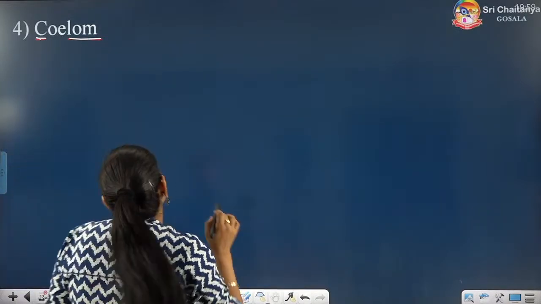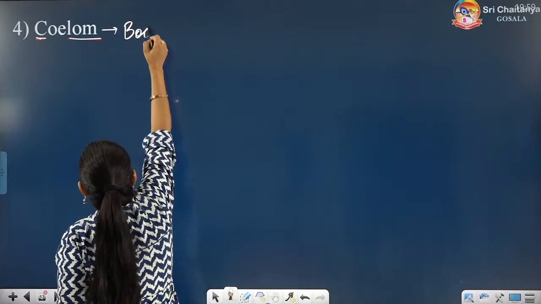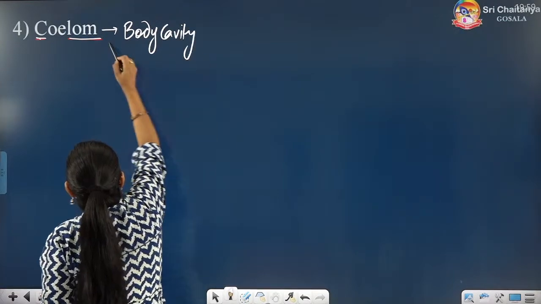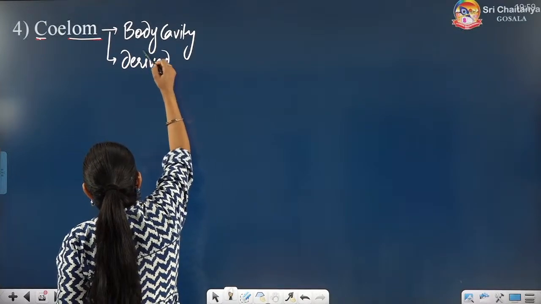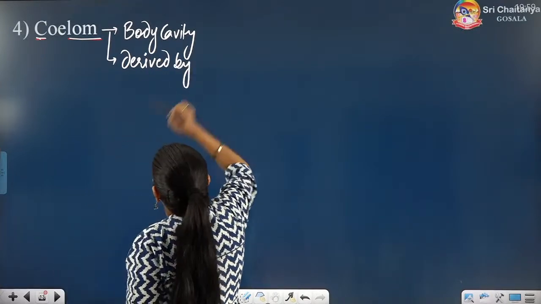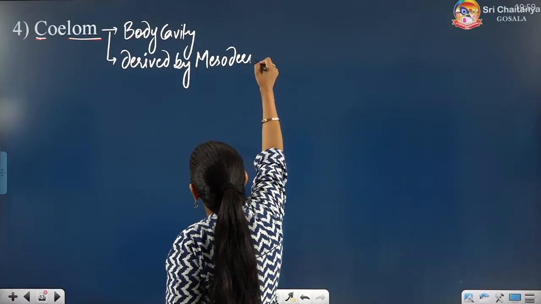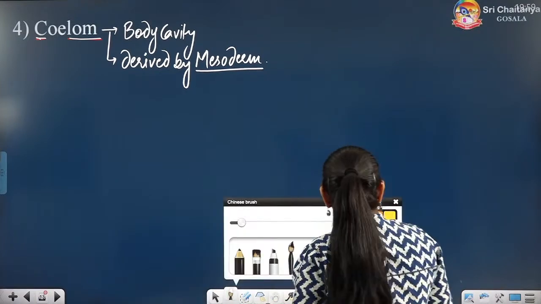What is this coelom? This is the body cavity, and it is derived by which germ layer? It is derived by mesoderm, everyone. So coelom is derived by the mesoderm layer.